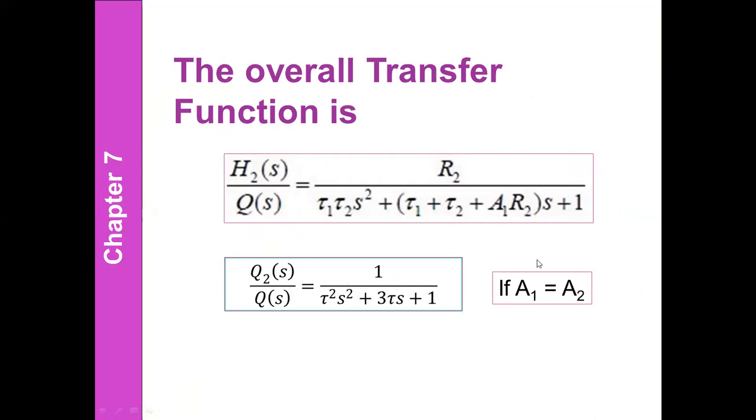So this is your transfer function for such a system. If we change the numerator in our transfer function here, from level to volumetric flow rate through linear resistance 2, then this would be your corresponding overall transfer function, provided that you have identical tanks. Areas 1 and 2 are the same for your interacting tanks.